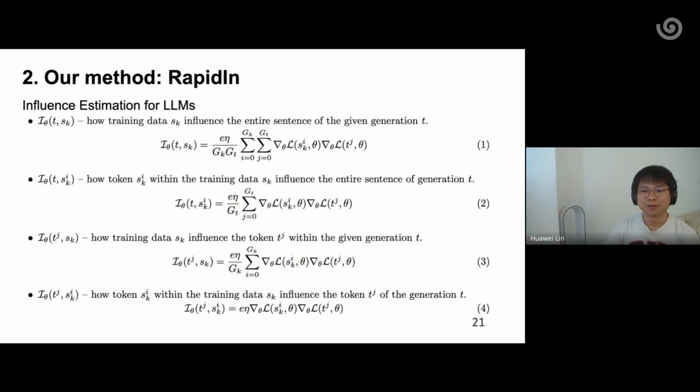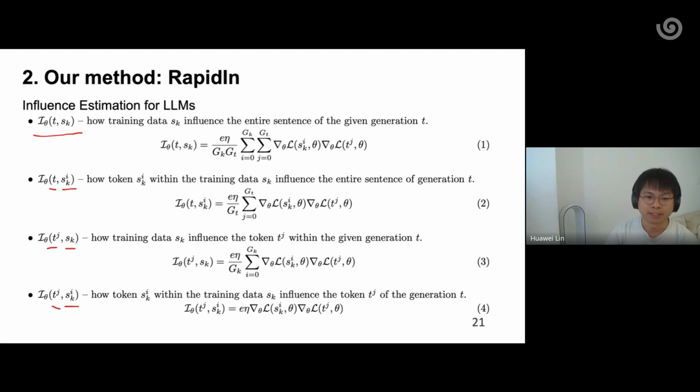Moreover, we just explained the first equation, which is the influence of two sentences. We can also estimate the influence between a sentence and tokens, or tokens and a sentence, or tokens and tokens.